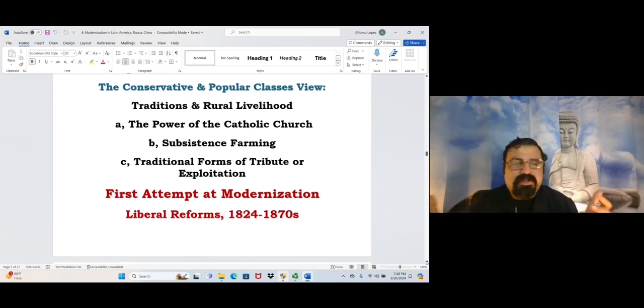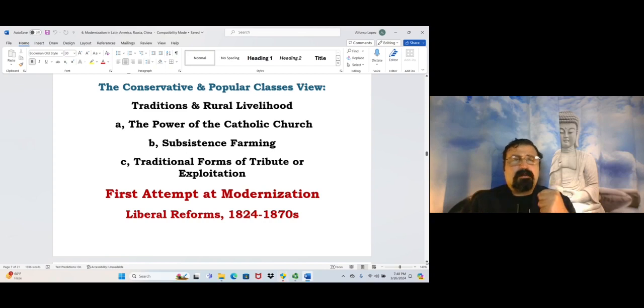Again, this is a rural society still, up to this time. Most people live in the countryside in Latin America. And people would like to continue that kind of livelihood, living in the countryside, growing crops, living in small villages and towns in a very conservative way, following their religious celebrations and fiestas and the like, honoring their ancestors, their customs, and the like.